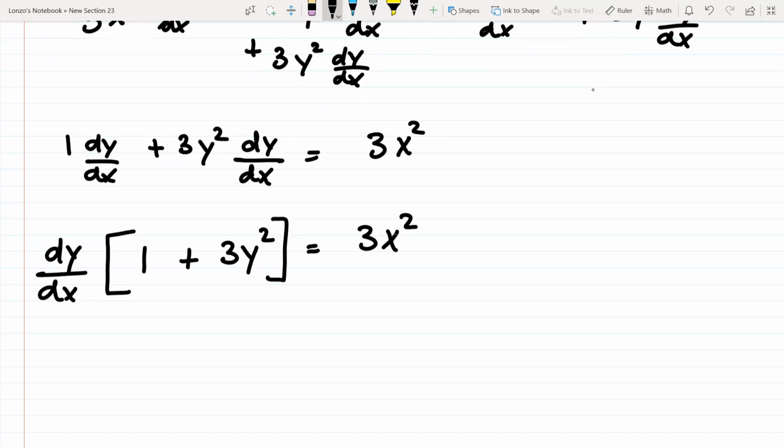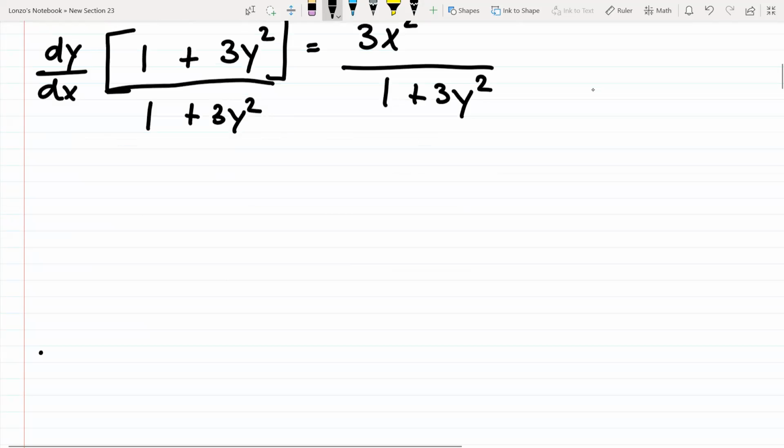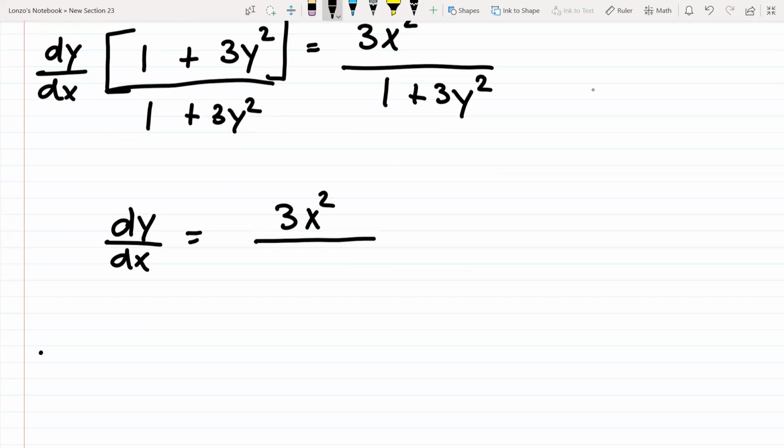And then to solve for dy/dx, you can divide both sides by 1 plus 3y squared. Okay, so your final answer will be dy over dx equals 3x squared over 1 plus 3y squared.